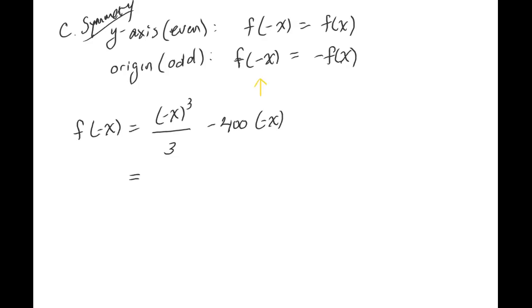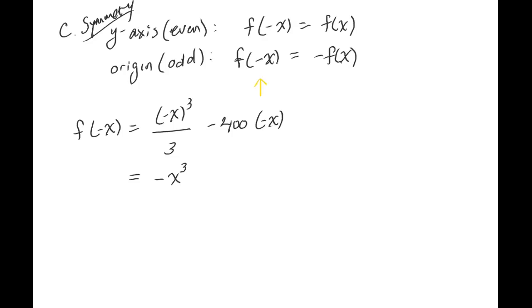Negative x cubed is equal to negative x cubed. So this top one, what's the difference between these? This top one, I'm multiplying a negative x by itself 3 times. This bottom one, I'm multiplying x by itself 3 times, and the result is negative. Because if I multiply a negative number by itself 3 times, I get a negative number.